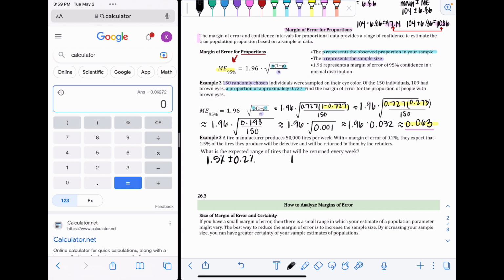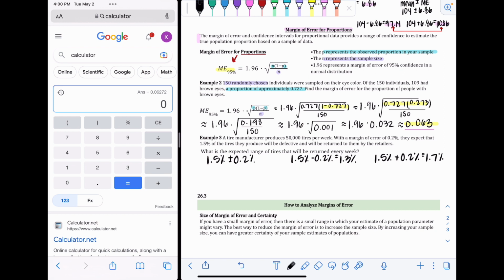We'll do 1.5 minus 0.2%. 1.5 minus 0.2% is 1.3%. And then we'll also do 1.5 plus 0.2%. So 1.5% plus 0.2% is 1.7%. So between 1.3% and 1.7% of all of the tires they anticipate will need to be returned each week.